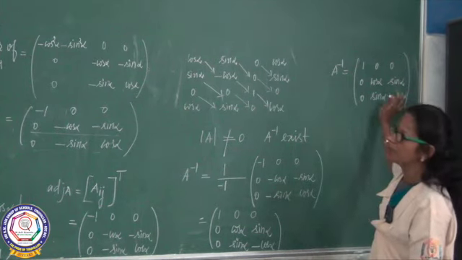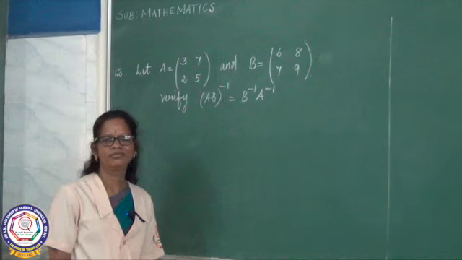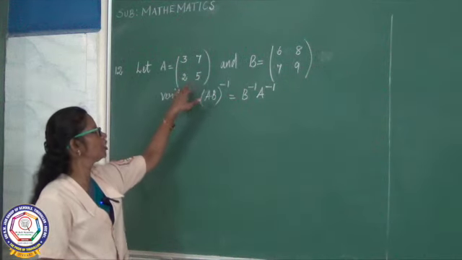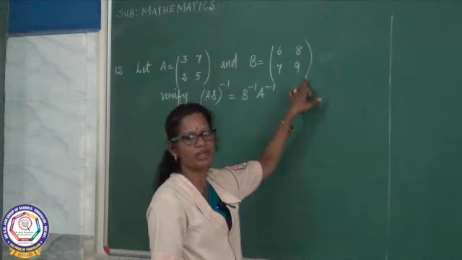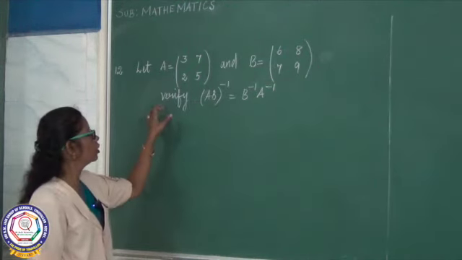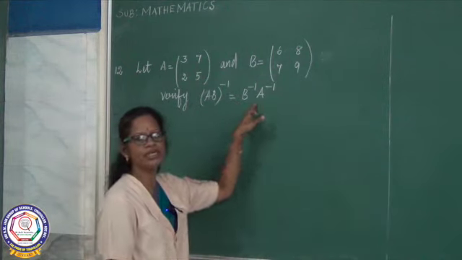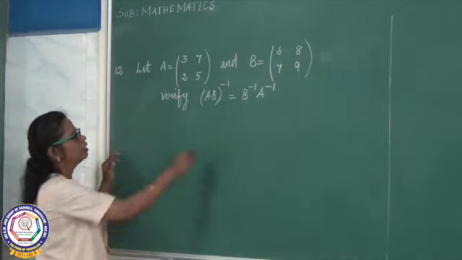Sometimes you arrive at A inverse as a given matrix, not always. Here let A equal 3, 7, 2, 5 and B equal 6, 8, 7, 9. The matrices are given. We are going to verify that the inverse of AB equals B inverse A inverse. This is a result we have a proof for.